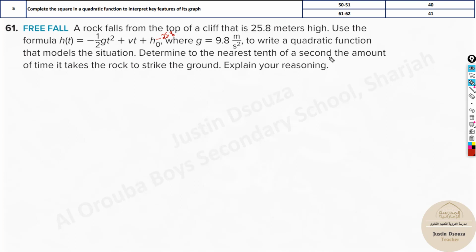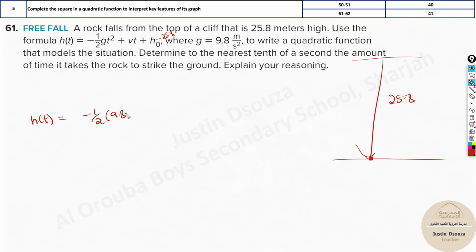Write the quadratic function that models the situation. Determine to the nearest tenth of a second the amount of time it takes the rock to strike the ground. That means it has fallen. What's the height over here? 25.8. Okay, we need to see when it falls down on the ground. So let's write this given equation as negative half, g is 9.8, t square. You'll just multiply this.